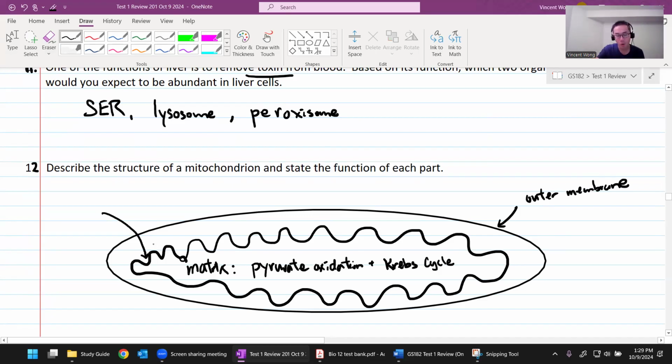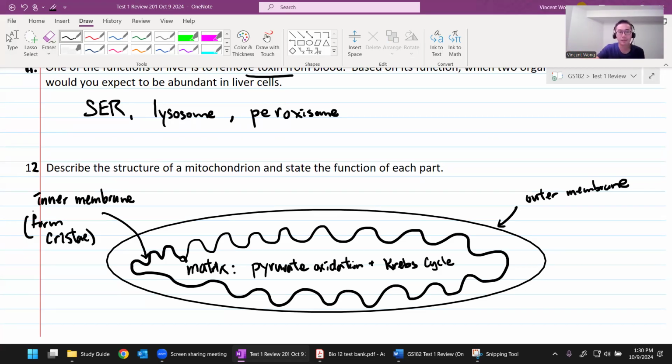We also know the inner membrane folds up into the cristae. And the cristae are folded up because you want to maximize surface area.